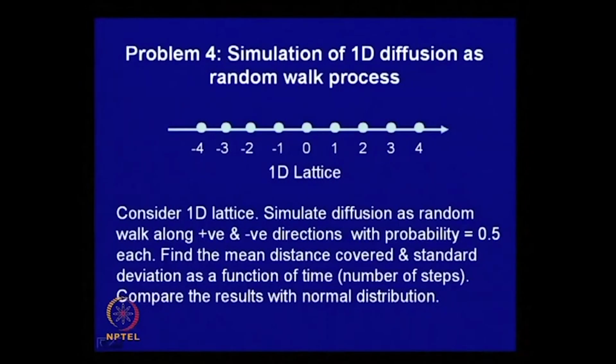I will solve a case for 1D, and if it is possible in 1D, the method can be extended to 2D and 3D, which will be a little more computer intensive. Here we are trying to simulate 1D diffusion as a random walk process.